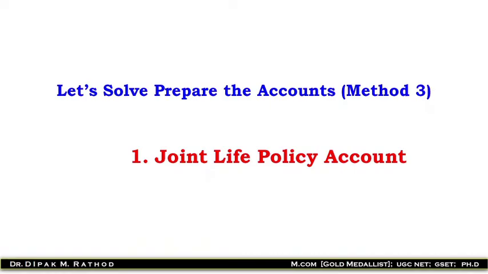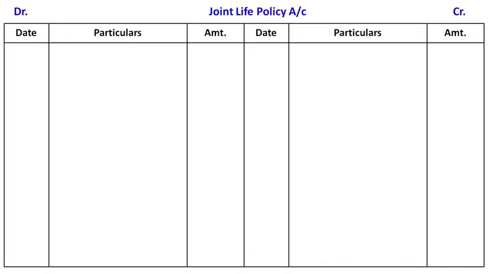we have to prepare joint life policy account. So we have joint life policy account, date, particular, amount, this is debit side, date, particular, amount, this is credit side. Now every year we have to focus on premium paid and JLP write off.